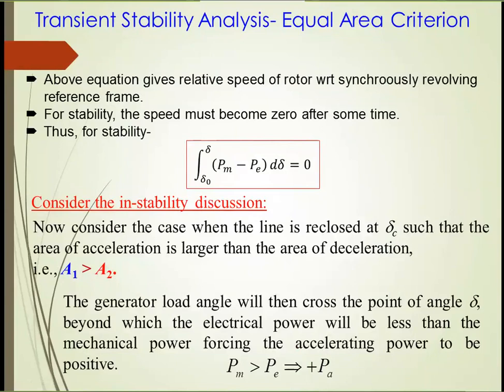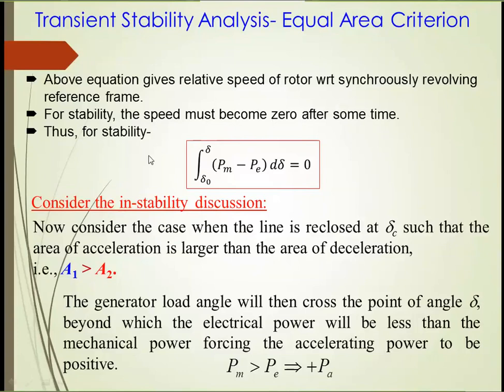So this rotor speed, that is the rate of change of rotor angle position, is with respect to the synchronously revolving reference frame. And for stability, this change must be zero. The speed must be zero after some time, right?